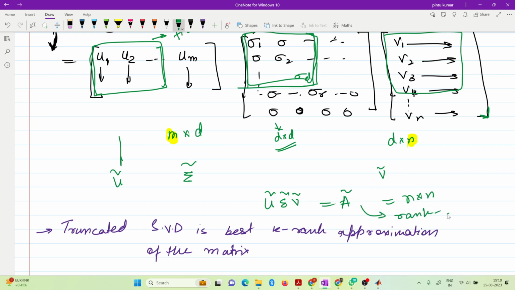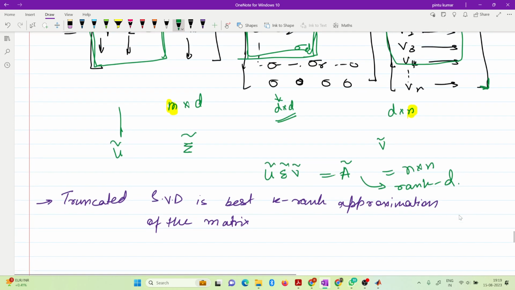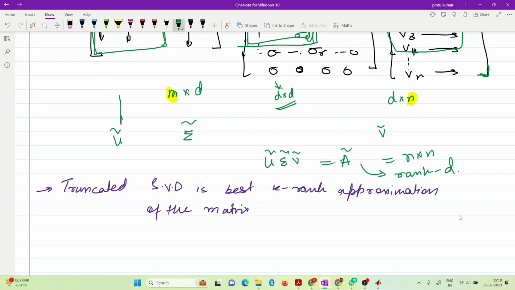Even though the size remained the same, whatever this A hat we obtain is of rank D. Now, there is a very celebrated theorem which says that if you obtain an approximation via this method, this is the best approximation that you can get. There is no other matrix of rank D which is closer to your matrix A in terms of Frobenius norm.